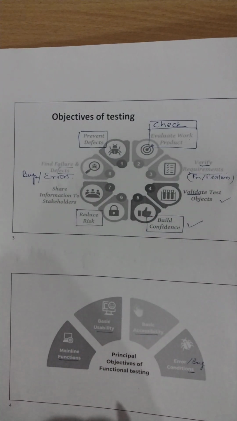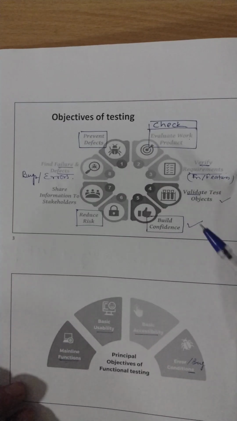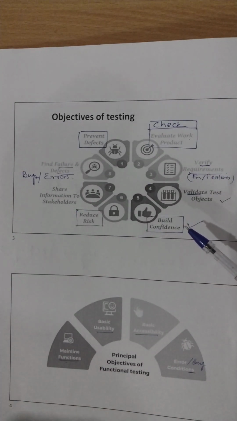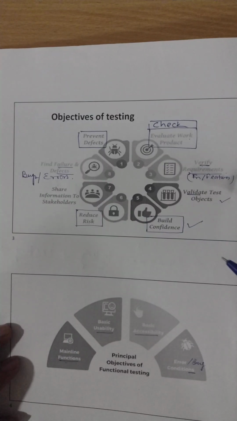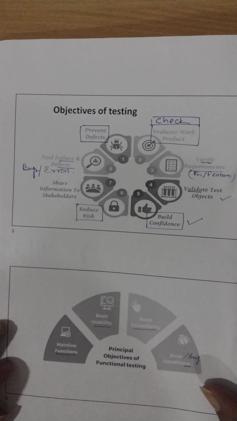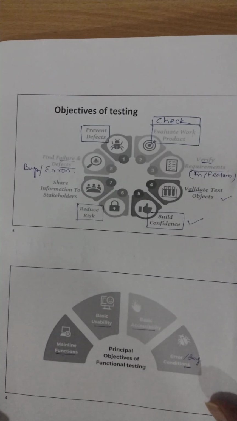Through testing we build confidence with the customer, and give them assurance that the product or service which we are going to offer is defect free, will work smoothly, and will perform well. This is the objective of software testing, or testing in general.